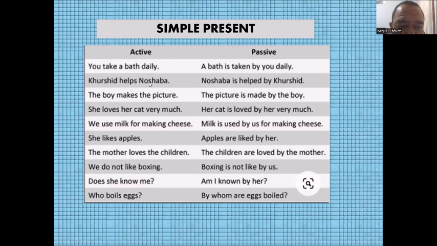Kurshid helps Noshaba. Noshaba, then the verb to be, is helped by Kurshid. Sometimes it's not necessary to mention the subject. In those cases, we omit by you daily, by Kurshid.